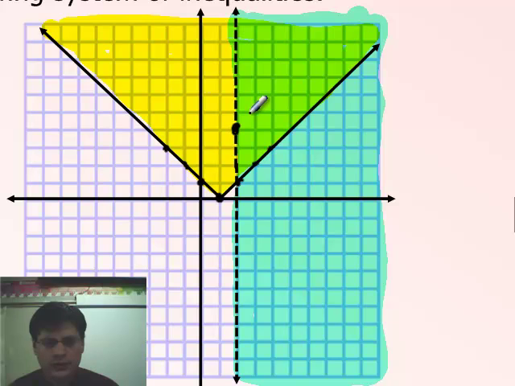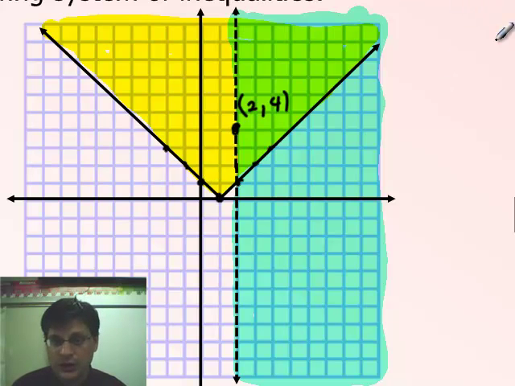This is the point 2, 4. Now it's right on the vertical line. So what I'm going to anticipate happening is it's going to be a solution for the first inequality, the absolute value, because it's well in the yellow region, but it won't work for the other line because it's a dashed line, and any point on the dashed line is not a solution. It has to be solid for that to work.